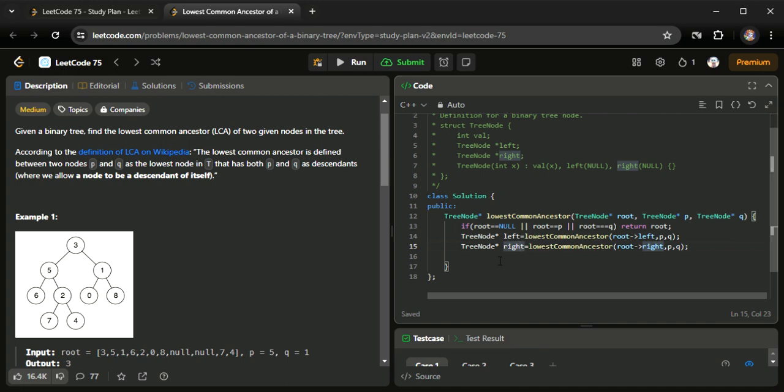So what will we write? Return: if no answer is present on the left side, then we will return right, or else return left.